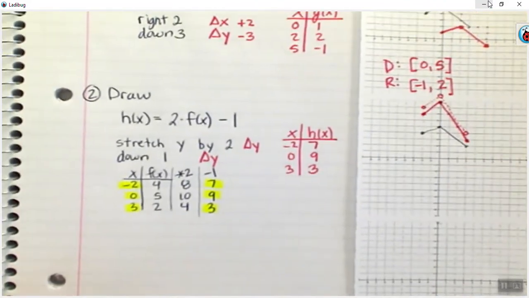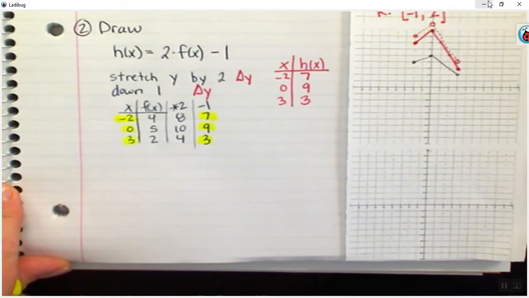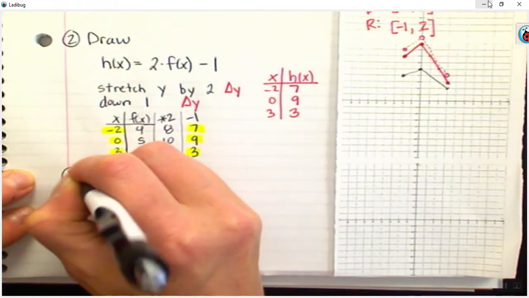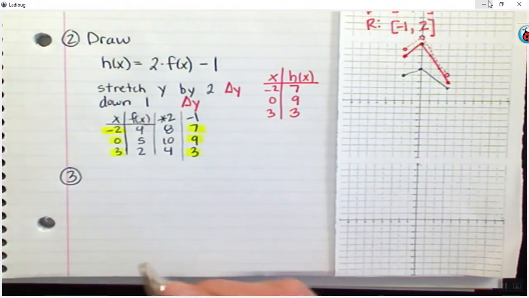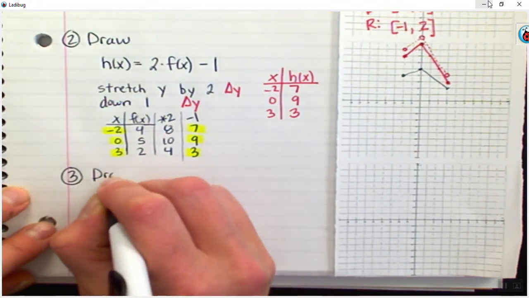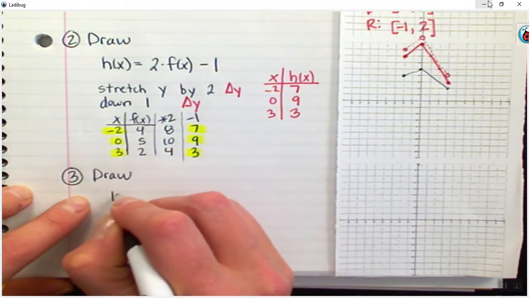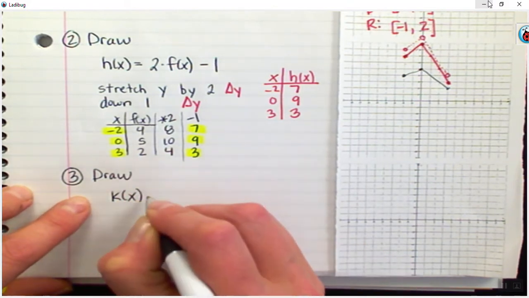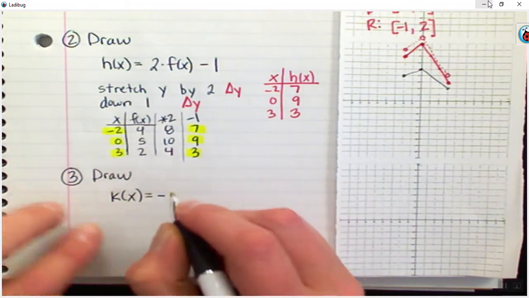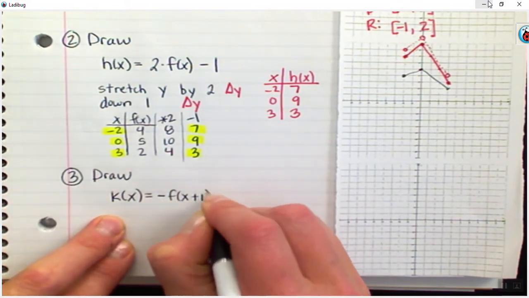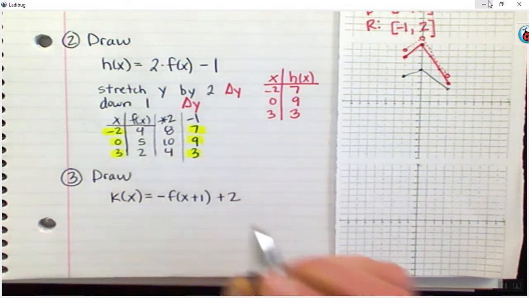Okay. Last one. Draw, call it k of x, negative f of x plus 1 plus 2.